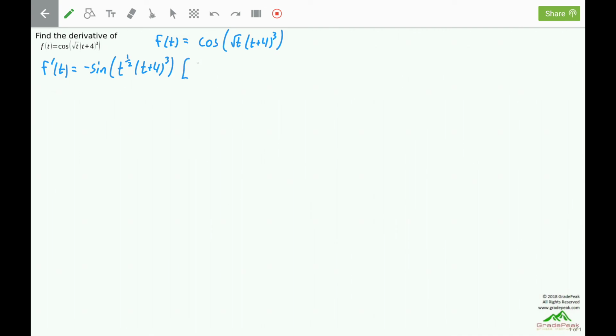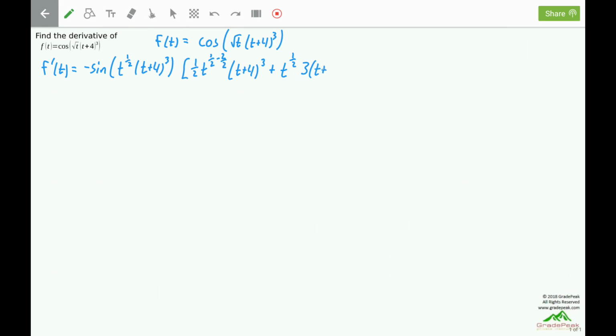And it will be the derivative of the first of the inside, and that will be: bring the power down, subtract 1 from it, so it'll be 1/2 minus 1, or I'll call that 2/2. Derivative of the first times the second left alone, plus the first left alone times the derivative of the second.